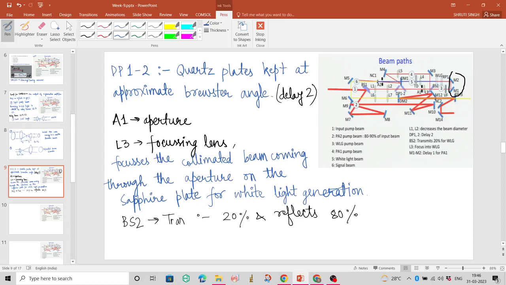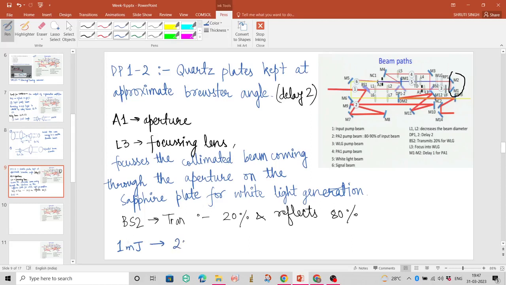So after getting transmitted, what will be the intensity of this light? It came from the input, which was 100%. Suppose I say this one is 1 millijoule. Out of 1 millijoule, 80% gets reflected here. So 20% went in.